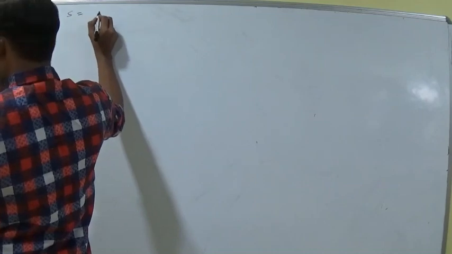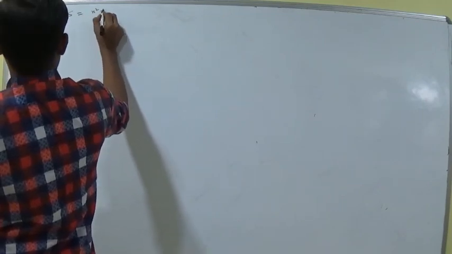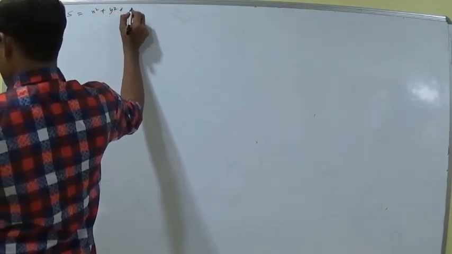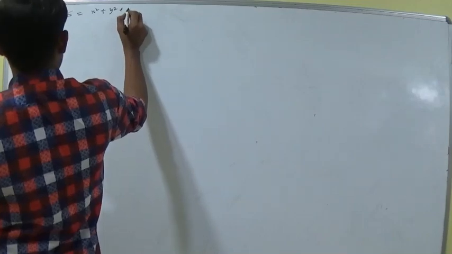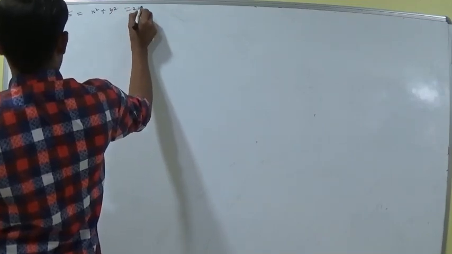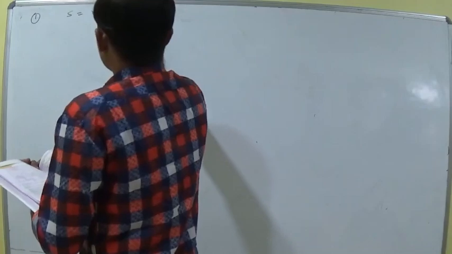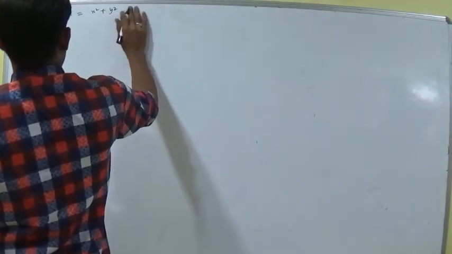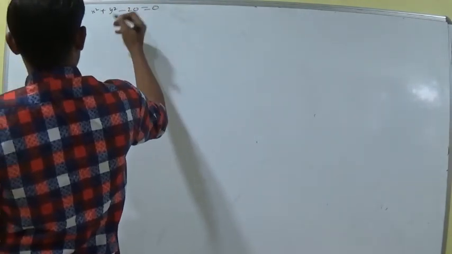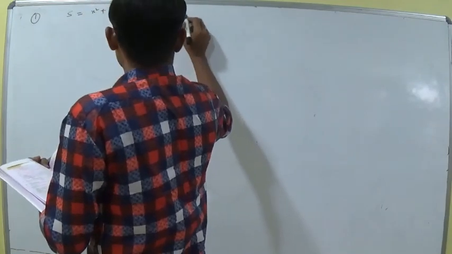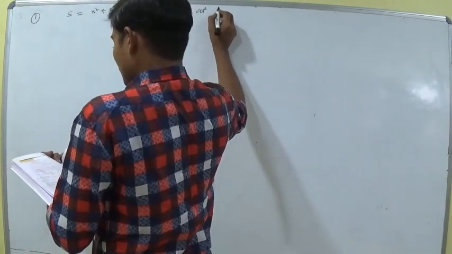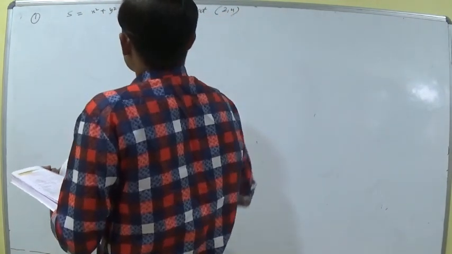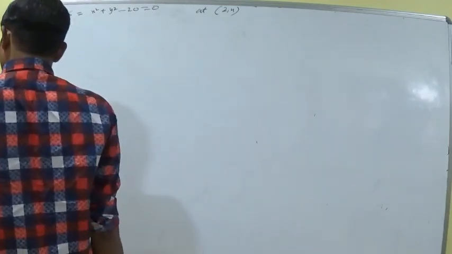S = x² + y² - 20 = 0. That is S, the point is (2, 4). Then the equation of the tangent.